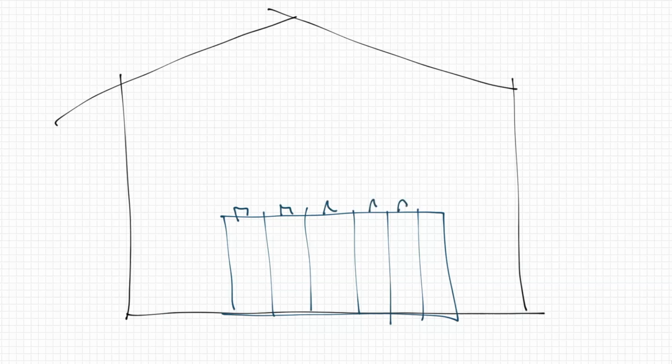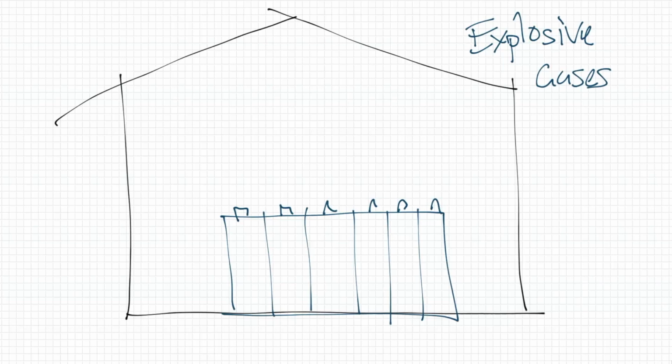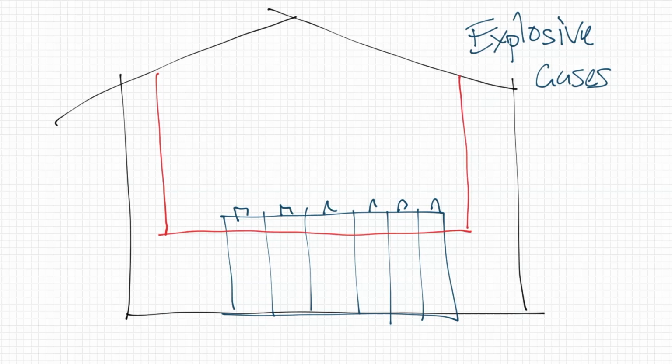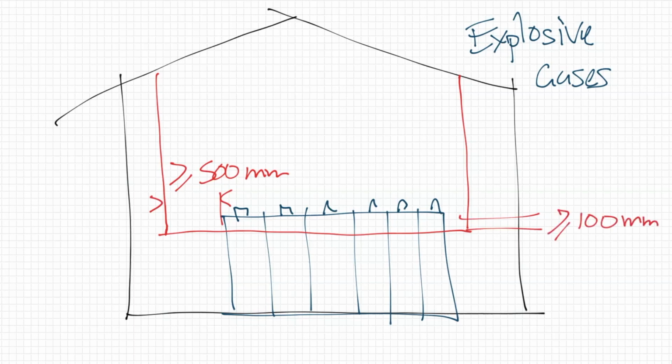And if they emit explosive gases, once again, this is where there are explosive gases, there's an exclusion zone drawn in the standard that looks like this. That exclusion zone is greater than 500 mm horizontally, so from here to here, greater than 500 mm. Previously explained the greater than or equal to 100 mm as part of the exclusion zone, and right up to the ceiling. So all of that is an exclusion zone for a source of ignition.